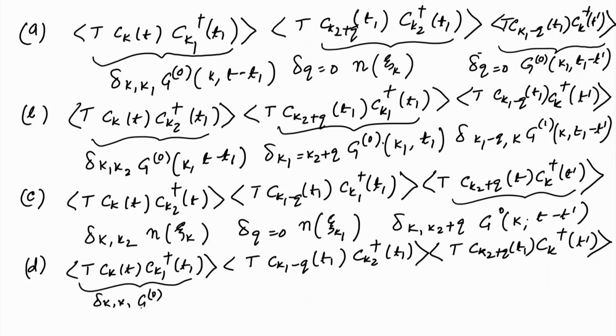Once again, to remind you that this G 0 will have to add an I. Without that it does not become G 0, we are writing it loosely without that factor of I. So, this is k t minus t 1, and now this of course will have a delta k 1 minus q, which is equal to k 2.